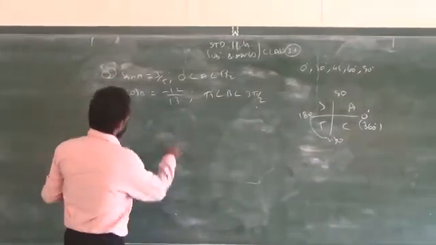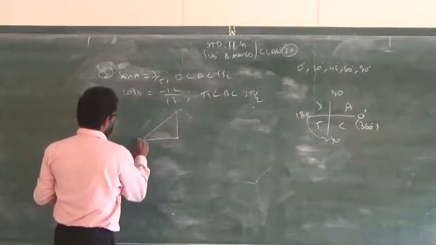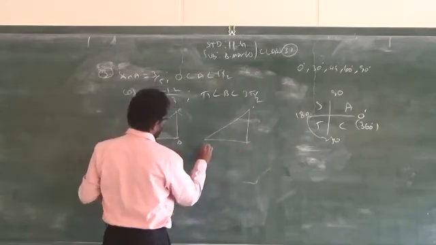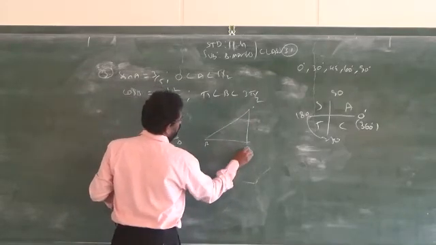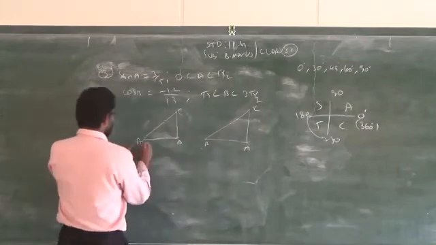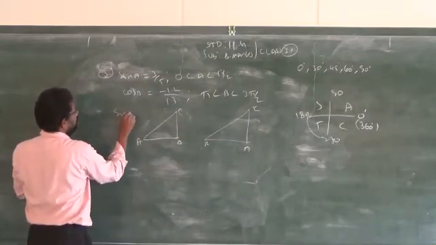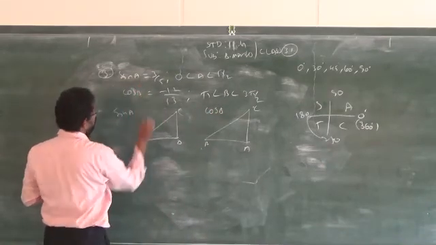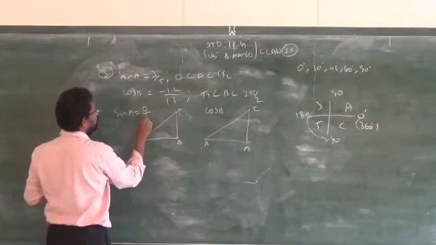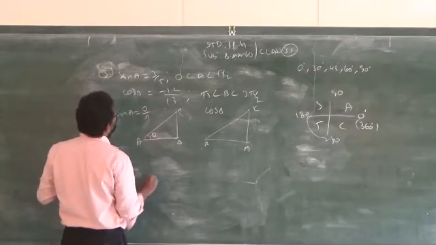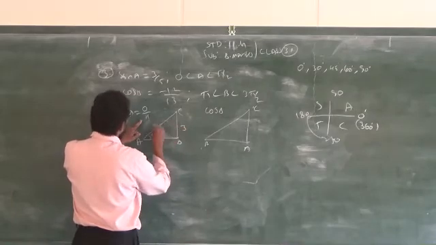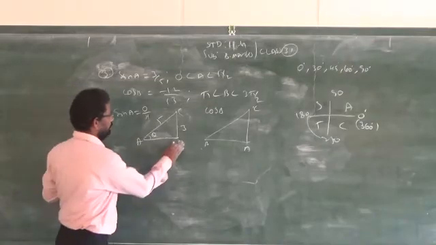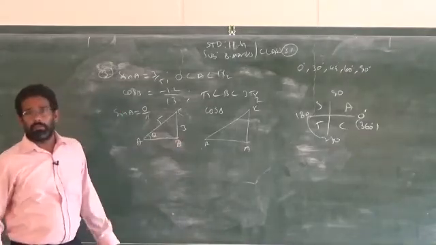So you have to draw two triangles, ABC and another ABC. One is for sin A and the other is for cos B. Sin A is opposite by hypotenuse, so opposite is 3 and hypotenuse is 5. Then find the remaining third side using the Pythagoras theorem.